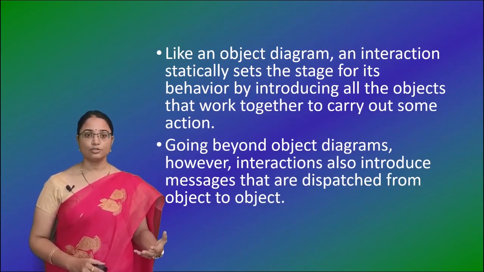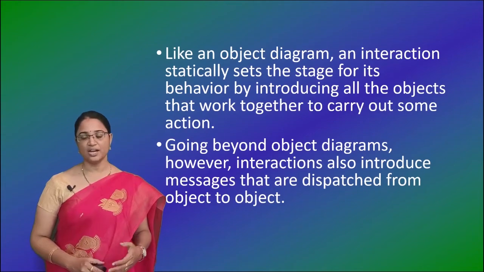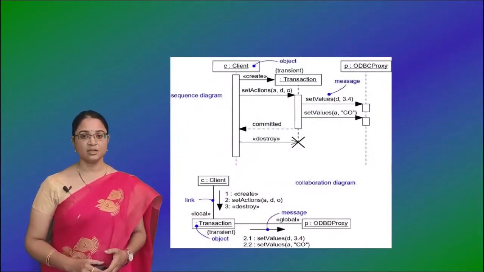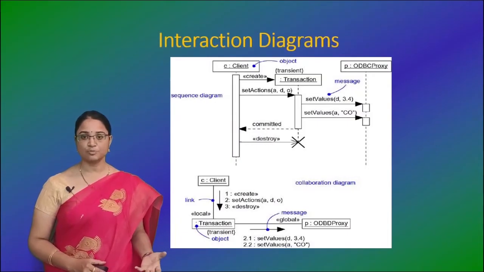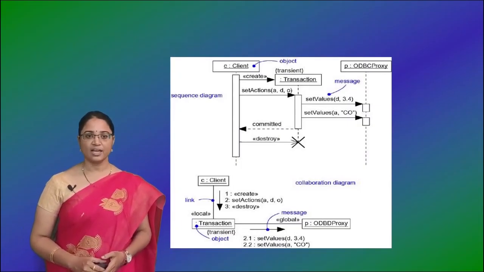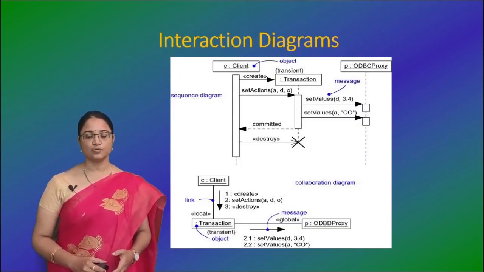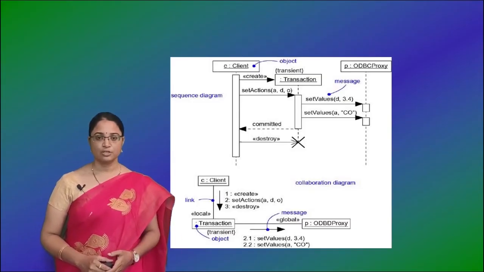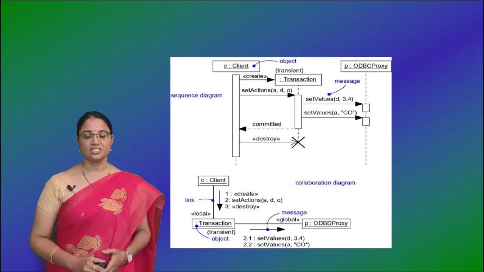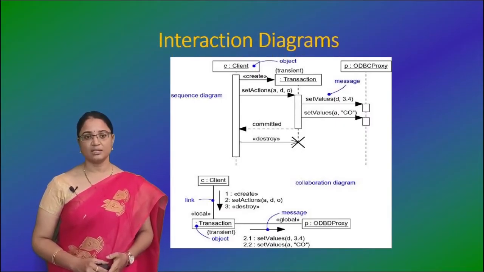Messages may also encompass the creation and destruction of other objects. So here we use different types of messages like synchronous message, asynchronous message, found message, lost message, creation, destruction, all we see here. And using interaction diagrams, you can reason about these flows in two ways. First, you can focus on how messages are dispatched across time. This can be done by using the sequence diagram.